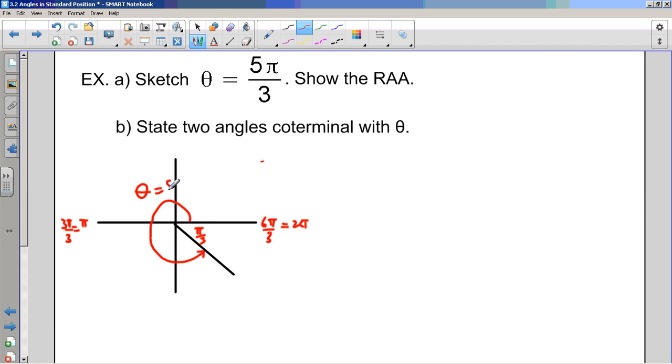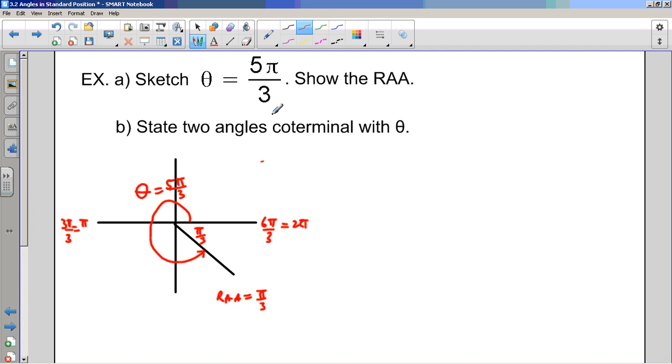Theta equals 5 pi over 3. And in fact, in drawing my 5 pi over 3, I'm 1 pi over 3 less than all the way around, which is 6 pi over 3, or just simply 2 pi. And there I can see the raw. The raw is pi over 3.